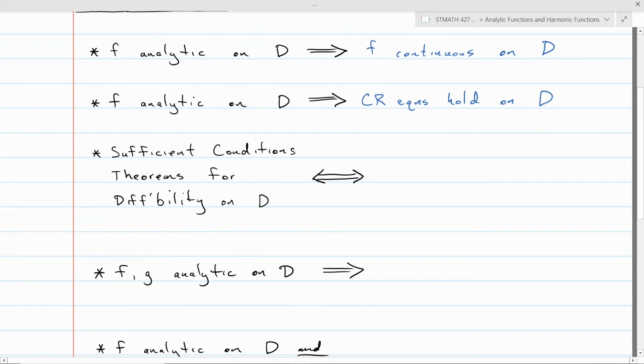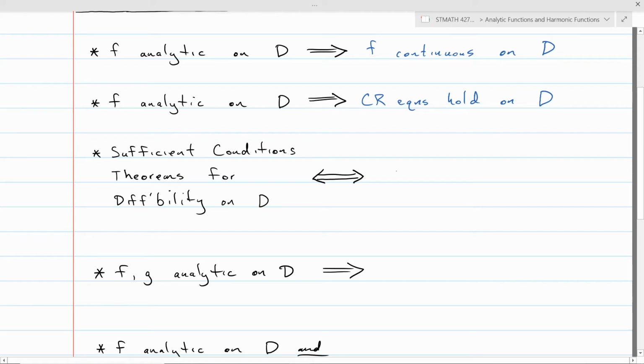And then we had the one theorem that said if the function is differentiable at the point and it's defined on a neighborhood of the point, then the Cauchy-Riemann equations hold. But we had a sufficient conditions theorem also that said, well, if the function's defined on a neighborhood of the point, and we know that the partial derivatives of the component functions of the function exist on a neighborhood of that point, and they're also continuous on a neighborhood of that point, and if we assume that the Cauchy-Riemann equations hold true, then we know the function's differentiable at the point.